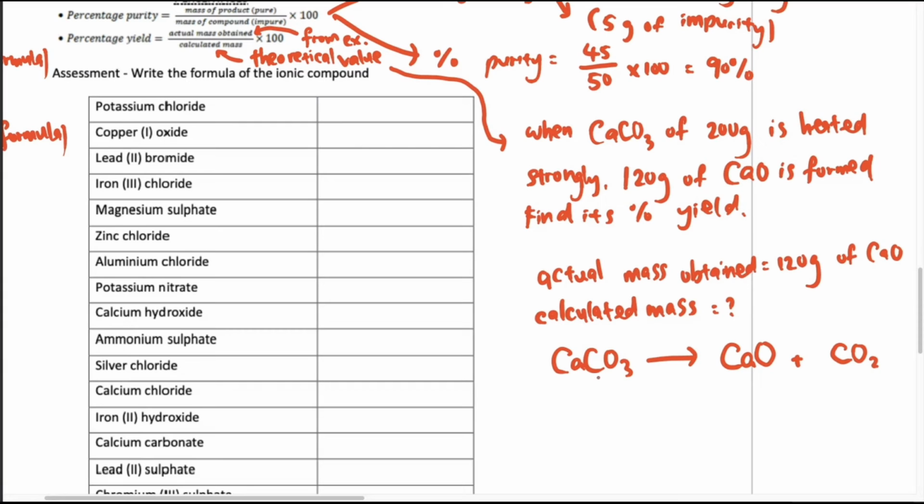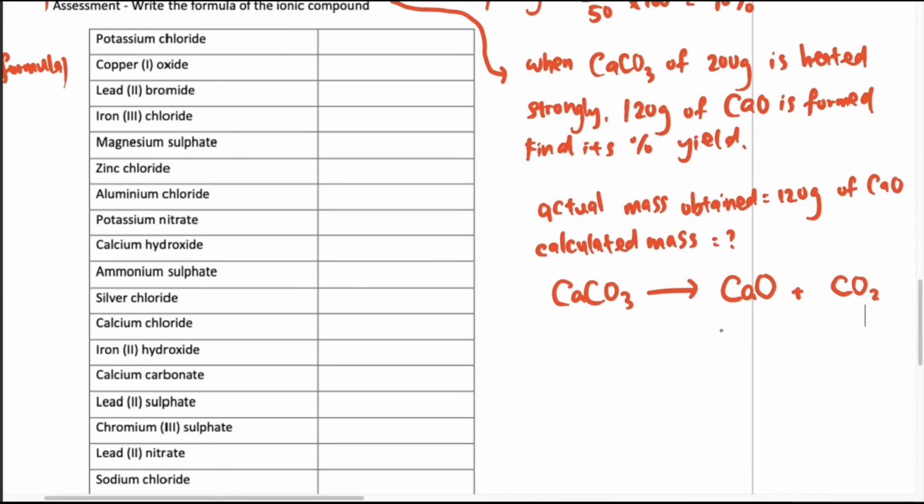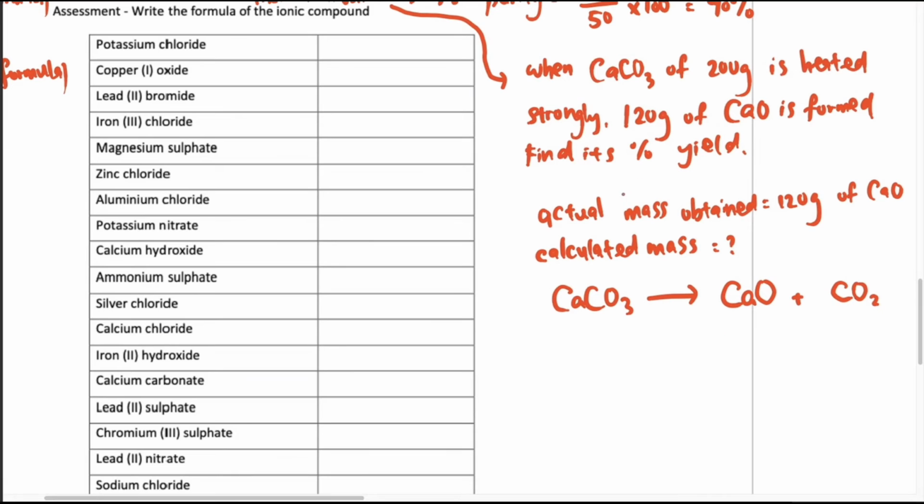One carbon on the left, one carbon on the right, balance. 3 oxygen on the left, oxygen 1 plus 2, 3 oxygen on the right. So it's already balanced. So this is the chemical equation based on what we learned from the theory. So where we know heating carbonates, you get oxide and carbon dioxide. Yeah? So that's what we learned, and we just write down and do calculation.